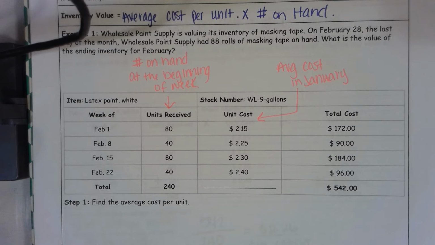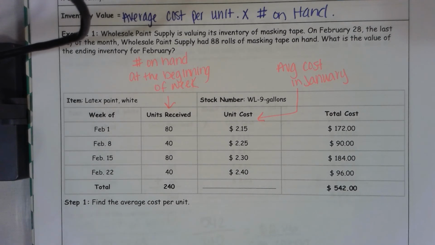So first things first, we need to find the average cost per unit. They've given us their inventory for the weeks. It has the 4 weeks of the month with what they had at the beginning of the week, how much everything cost, the total cost, what they had in the second week, units received, everything.